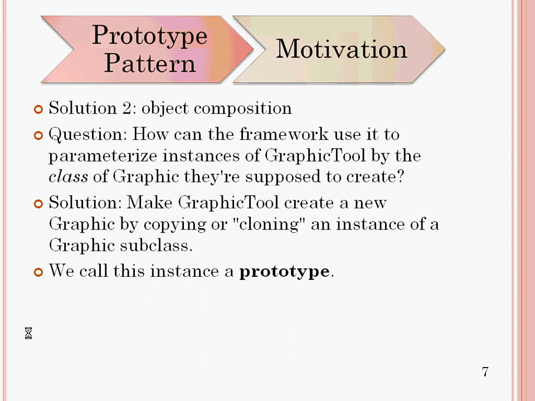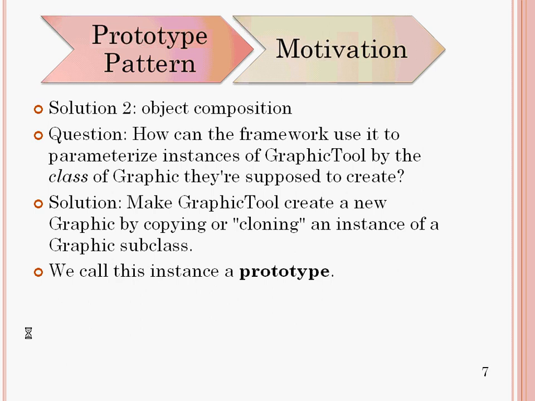When we create a new graphic tool object, we ensure that one of its members, called prototype, is initialized appropriately to the subclass of the graphic component, which could be half note, whole note, or whatever. So the prototype object will point to half note or whole note based on the requirement, and the graphic tool keeps cloning the prototype and gives you the required object.